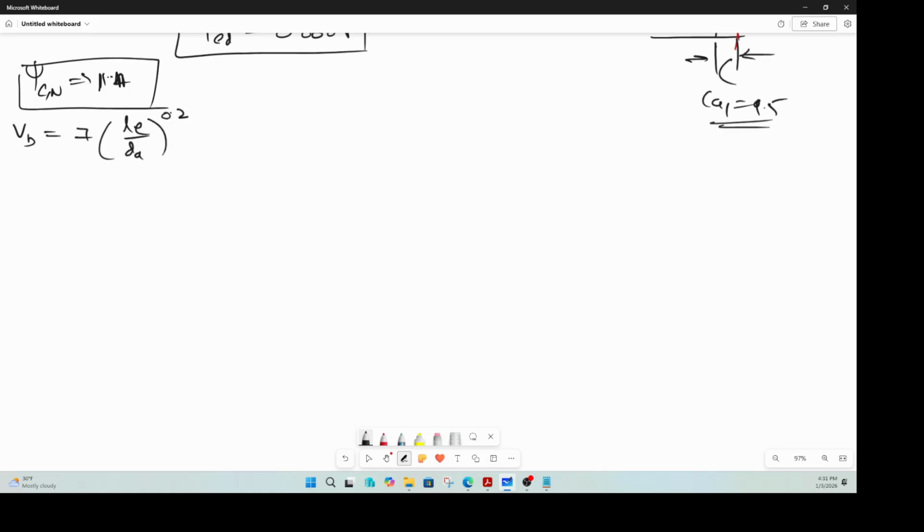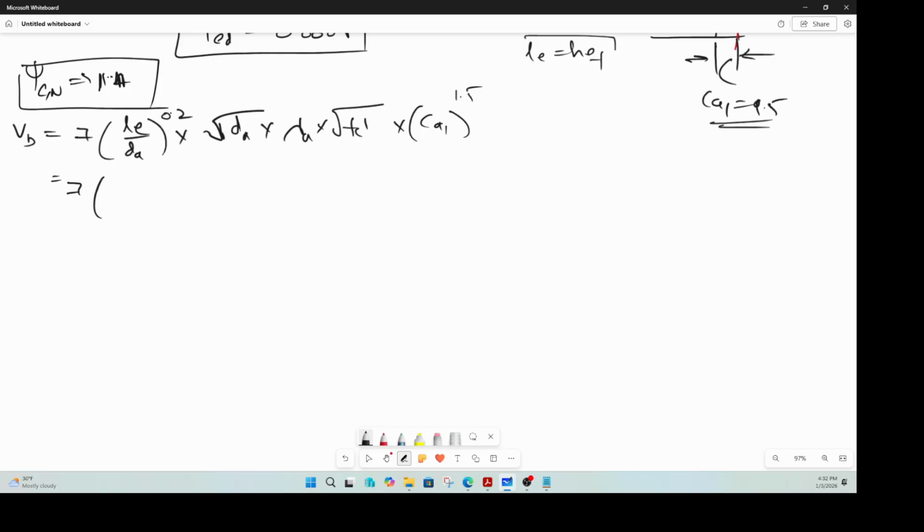So it is 7 times that, times the square root of your anchor diameter, lambda A, square root of FC prime, that's the compressive strength of concrete, CA1 to the power 1.5, right? In this case, LE is HEF. We'll go into the code to find out why that is and where it is.